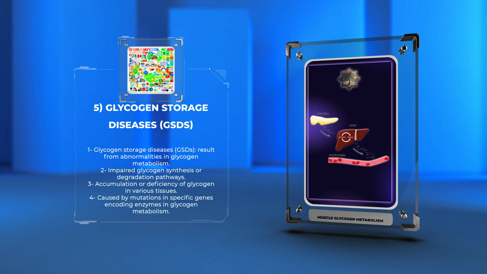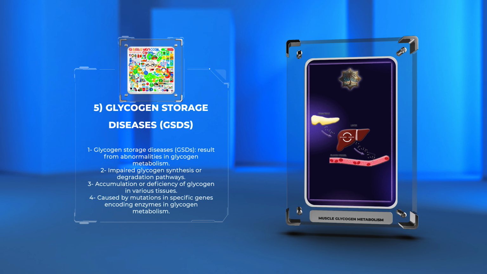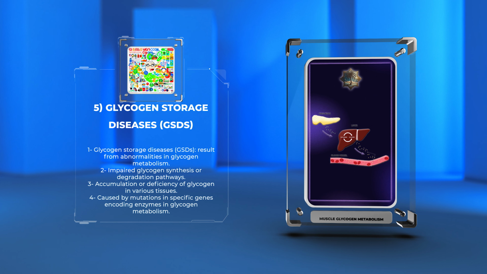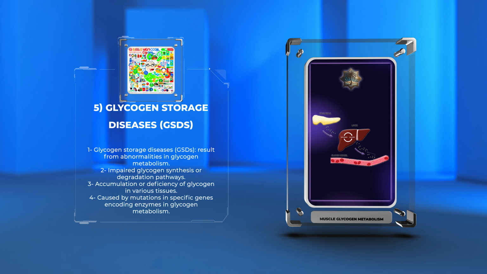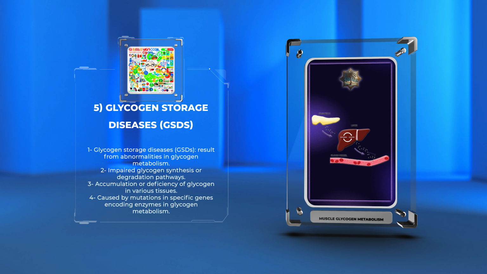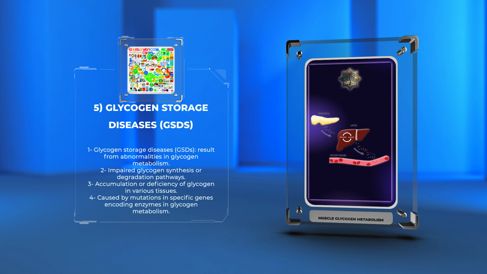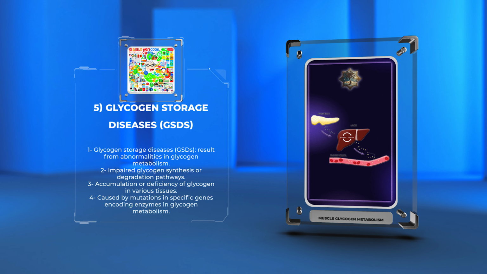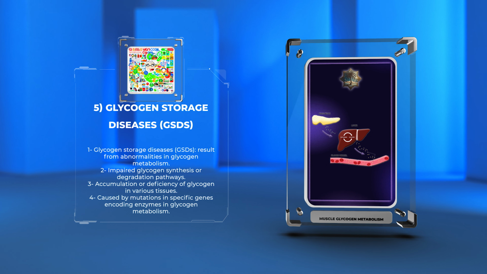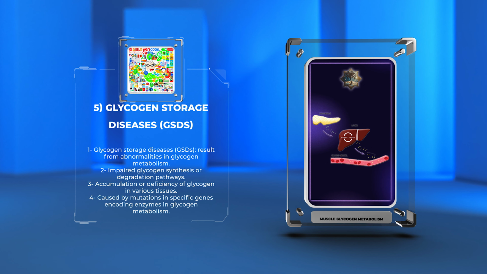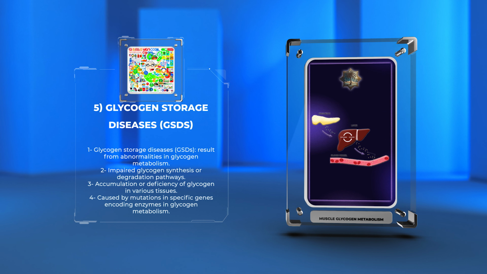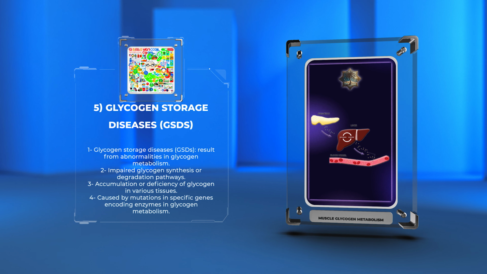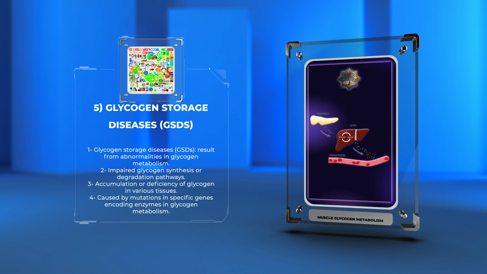There are several types of GSDs, each caused by mutations in specific genes encoding enzymes involved in glycogen metabolism, such as glycogen storage disease type I, GSDI, caused by defects in glucose 6-phosphatase, or GSDV, McArdle disease, caused by a deficiency in muscle glycogen phosphorylase. These diseases manifest with diverse clinical symptoms, including hepatomegaly, muscle weakness, hypoglycemia, and exercise intolerance.